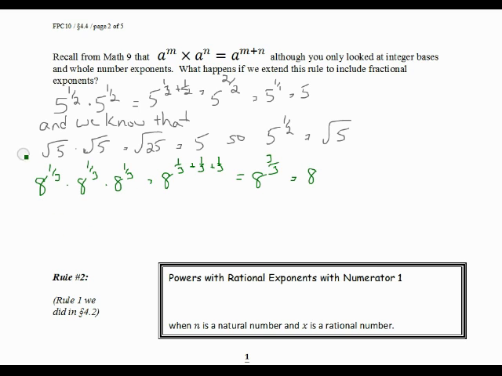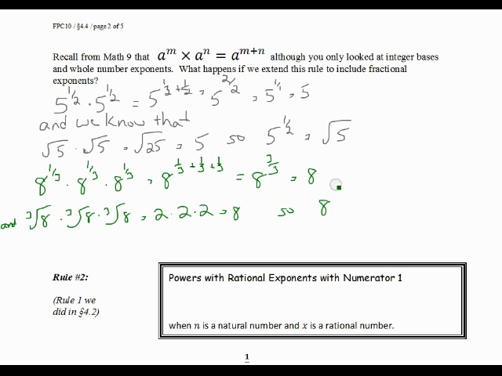And if I write this instead as the cube root, we know that the cube root of 8 times the cube root of 8 times the cube root of 8, which is 2 times 2 times 2, that also equals 8.